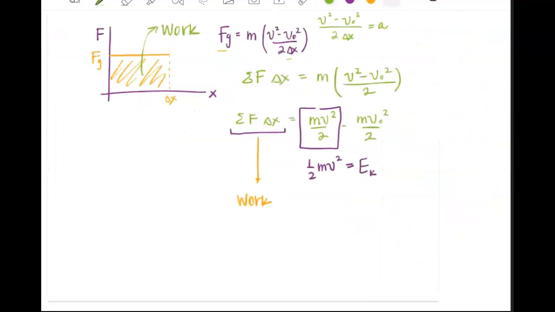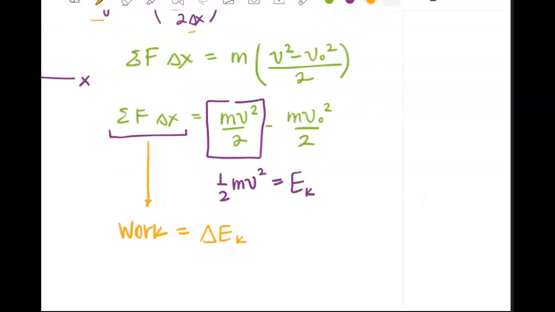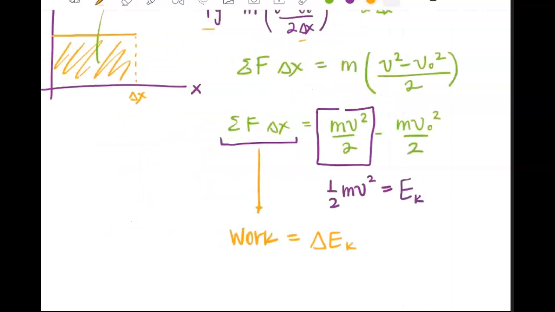So we can define work as being equal to the change in kinetic energy. Because if you have this function over here, this is a final kinetic energy. This is an initial velocity, so it would be an initial kinetic energy. And so we get that work causes a change in energy.